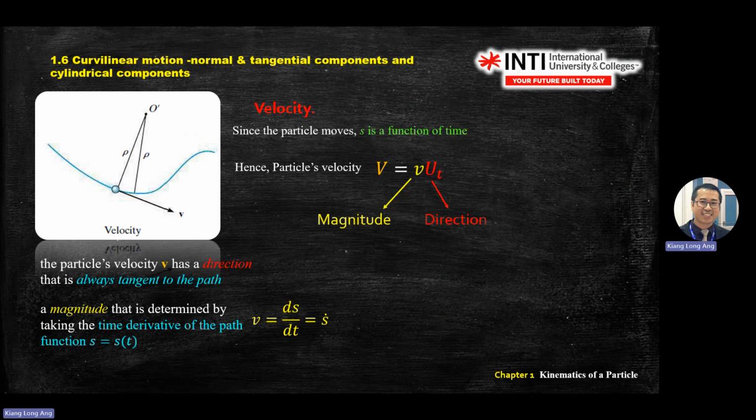So in this chapter you will see two subscripts for the velocity and acceleration. We start with the velocity. V equal to small v and UT. UT means the tangent direction. If I change this to N, it means it's pointing inside the curve.